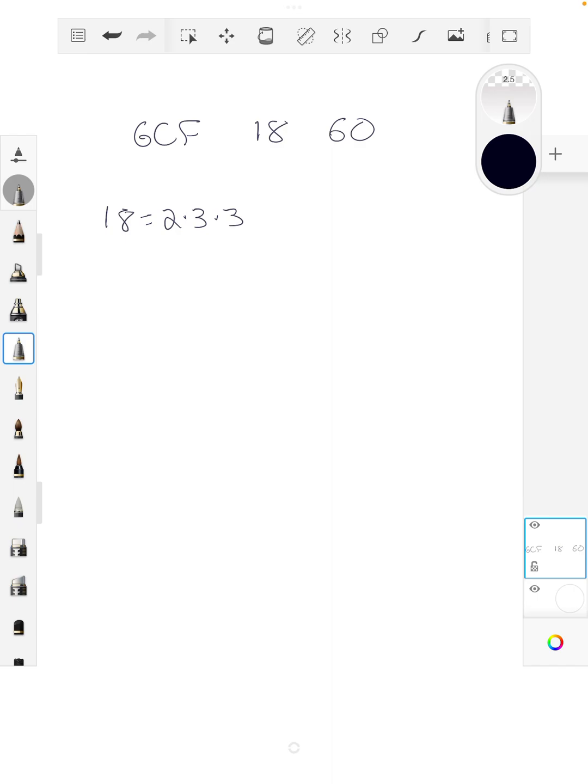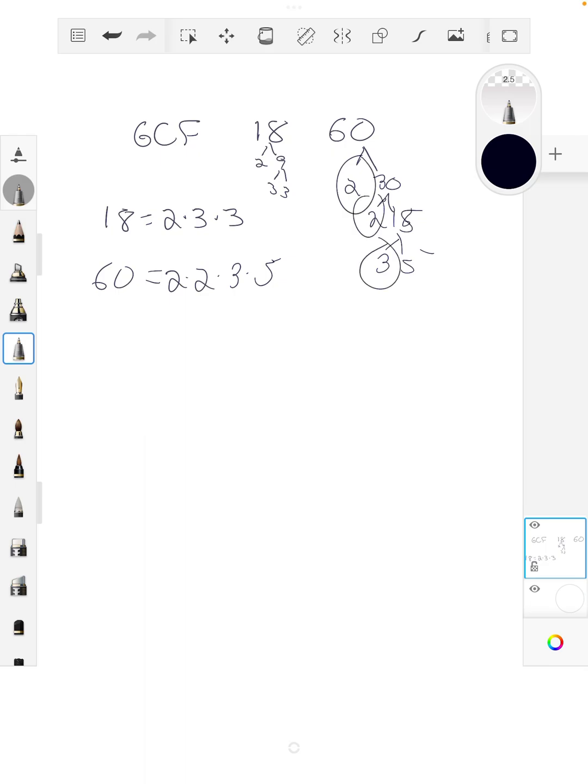Okay, I don't have to do the tree if I do it in my head, but doing the tree is fine. 60 is equal to 2 times 30, right? And 30 is 2 times 15, and 15 is 3 times 5. So 60 is equal to 2 times 2 times 3 times 5.